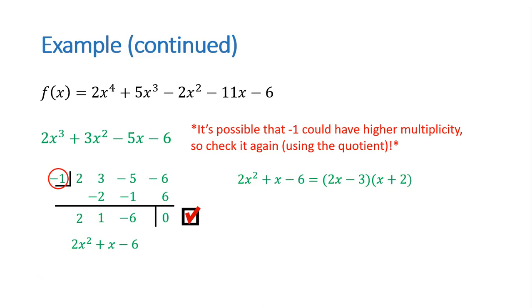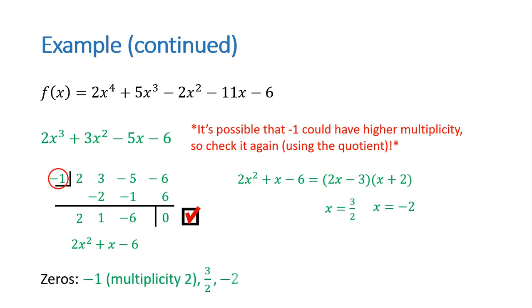Now my advice is take a minute, pause the video, make sure you know how to factor this, or make sure you can complete the rest of the problem using the quadratic formula. It's up to you. But if you plan on factoring, make sure you know how to get this factorization on your own. So if we were to set each of these factors equal to 0, our remaining two zeros would be 3/2 and negative 2.